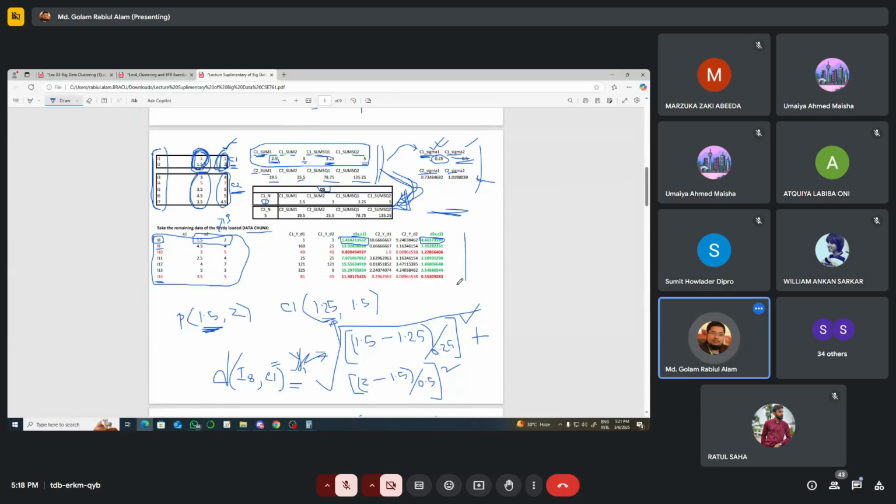After determining it, some of the data points will be added to our DS, some will be in our CS, and some will be in our RS.